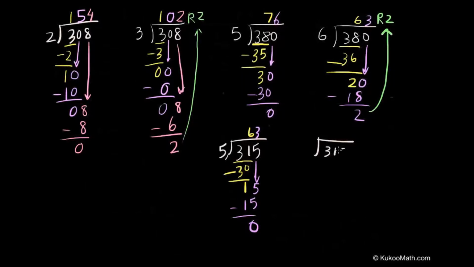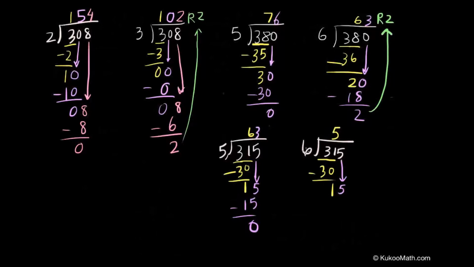Now let's try 315 divided by 6. We can't seem to fit 6 into 3, so let's look at 31. The closest we can get to 31 is 6 times 5, which is 30. When we subtract, we get 1. Then our next step is to bring down the 5, and we get 15. Now we're trying to do 15 divided by 6.